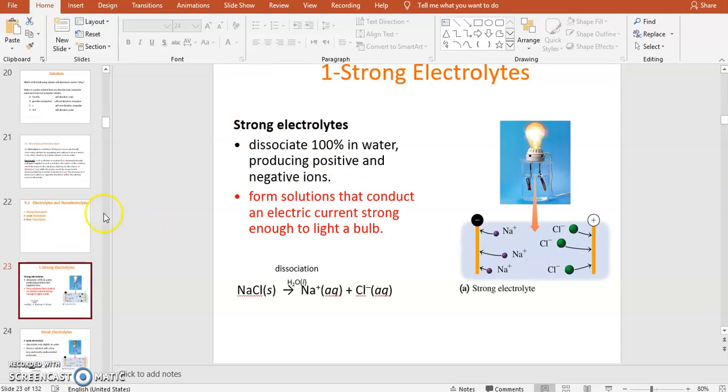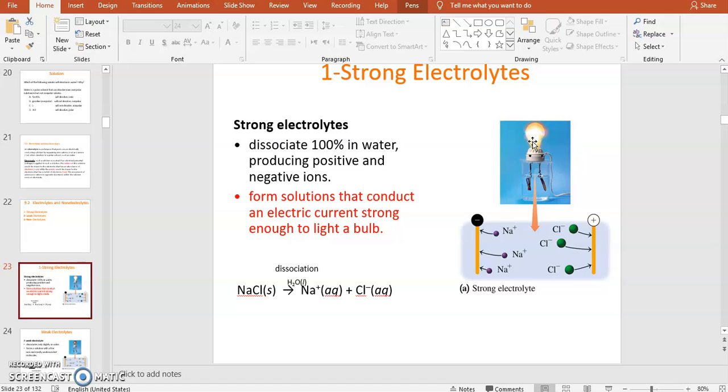You can see here NaCl dissociates in water to Na positive and Cl negative. If we have two electrodes attached to a lamp, and we put the electrodes in a salt solution, you will see the lamp will light with a very strong light. This means it's a strong electrolyte.